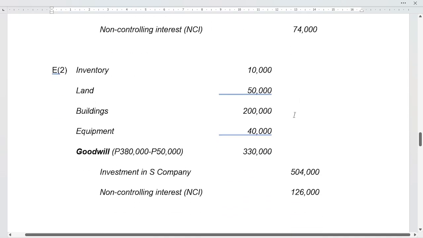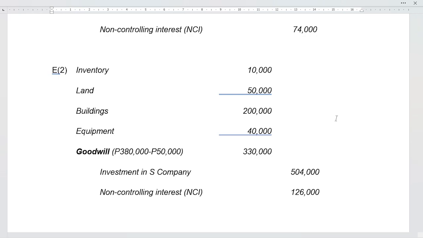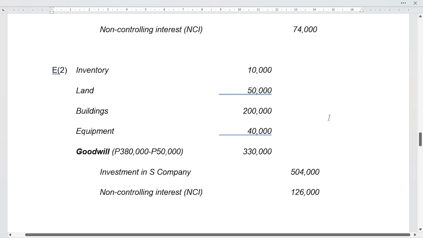For the second journal entry, debit inventory of 10,000 pesos, land of 50,000 pesos, buildings of 200,000 pesos, equipment of 40,000 pesos, and goodwill of 330,000 pesos. Credit investment in S Company 504,000, and non-controlling interest of 126,000.